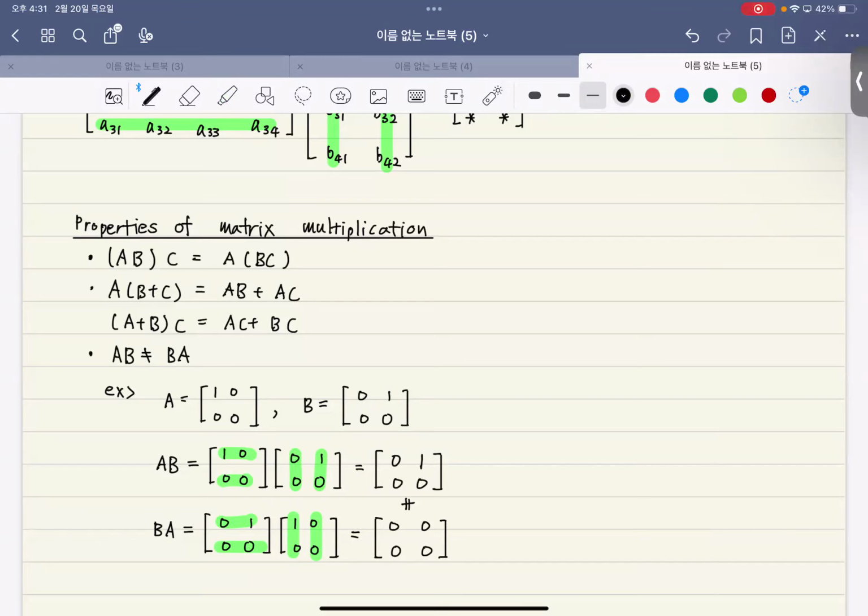In general, matrix multiplication is not commutative.